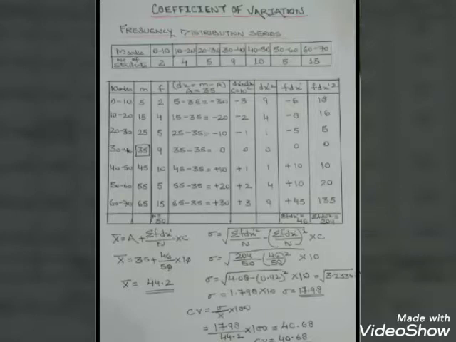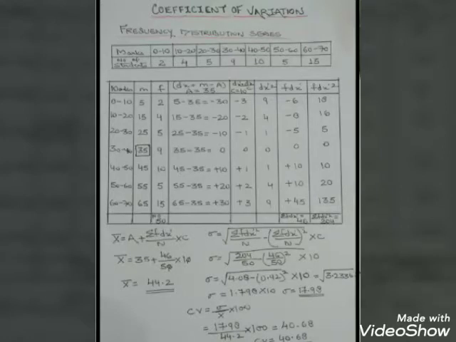So children, to calculate coefficient of variation, a data is given where you have marks and the number of students scoring the given marks.